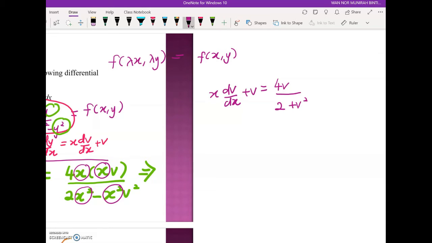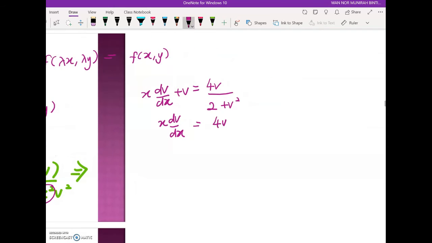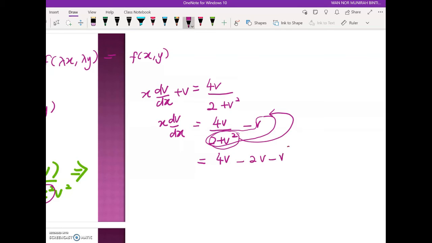Now I simplify this equation before I transform it to a separable equation. I have 4v over 2 plus v squared minus v. I make the same denominator, so that I have 4v minus 2v minus v cubed over 2 plus v squared.